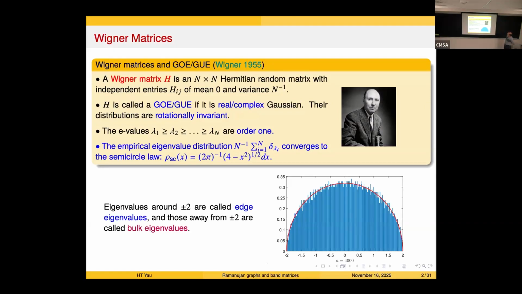They are independent, and the matrix can be real or complex. If the matrix elements are real or complex Gaussian, then this is called the Gaussian Orthogonal Ensemble or Gaussian Unitary Ensemble.